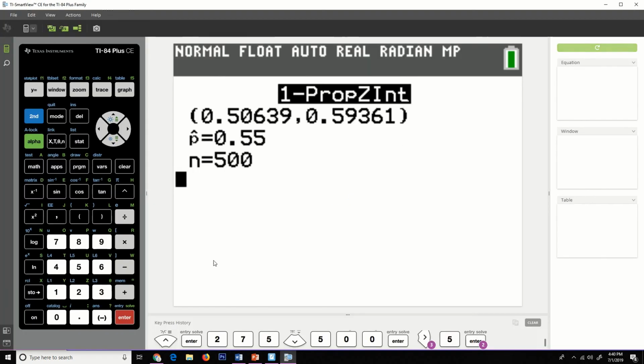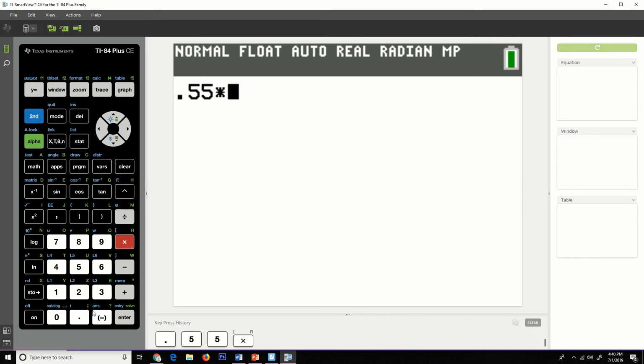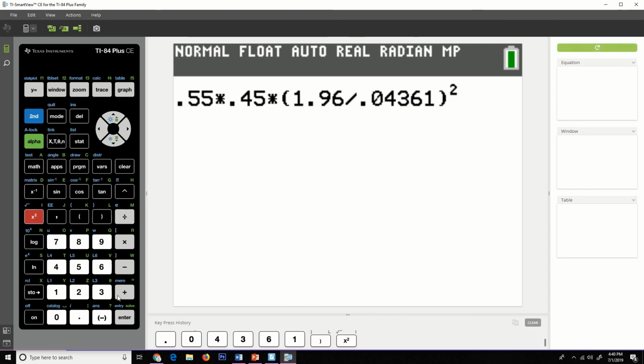So let's put that in our graphing calculator. We'll clear that. It was 0.55 times 0.45 times parenthesis 1.96 divided by 0.04361 quantity squared.